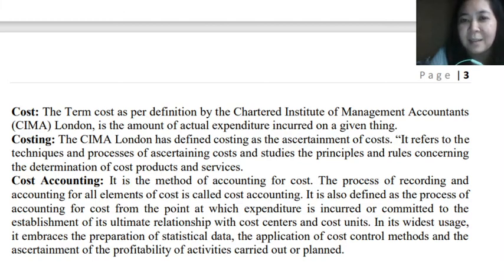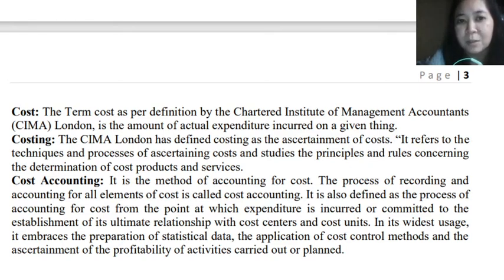In this module, our definition of cost was given by the Chartered Institute of Management Accountants in London. According to them, cost is the amount of the actual expenditure that was incurred on a given thing.